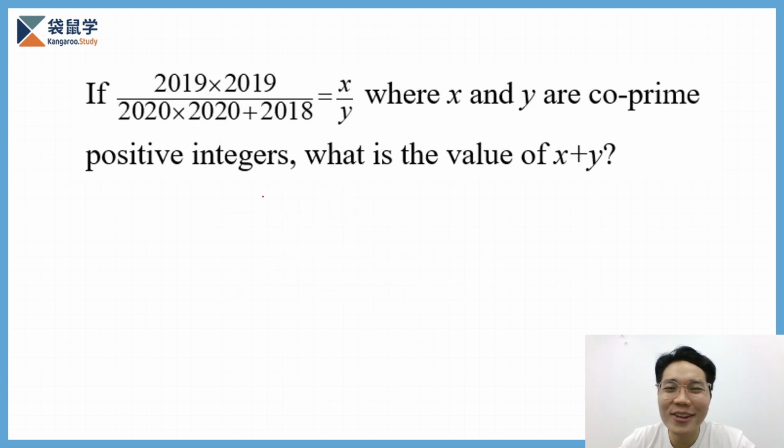Now we can move on to the secondary method to solve this question, and that is to use algebra. But it's different from how Teacher Wenlong taught you yesterday, right? This time we are noticing that there's a relationship between these numbers, and we can start off by letting one of the numbers be a. Let 2019 be a.